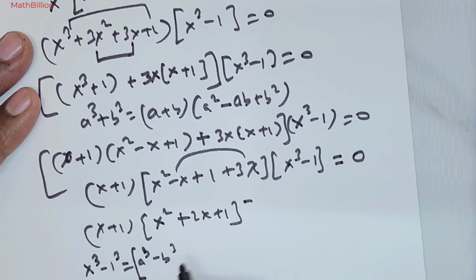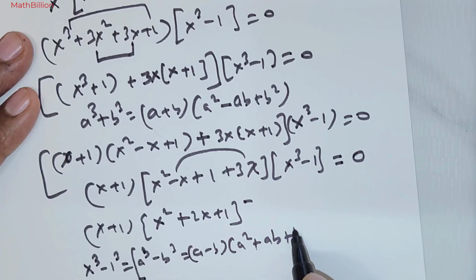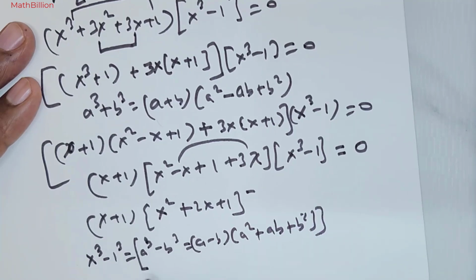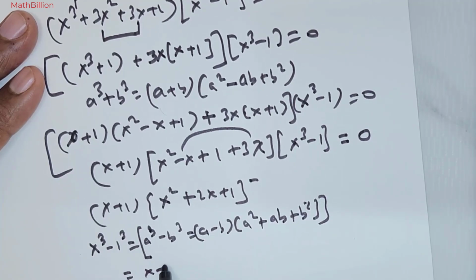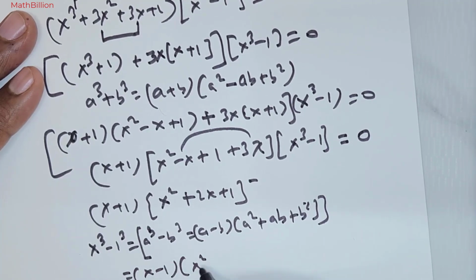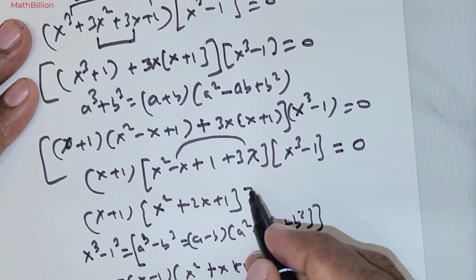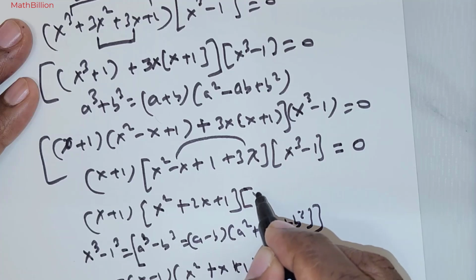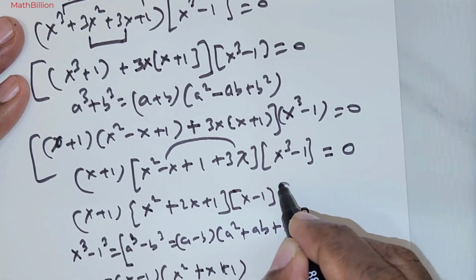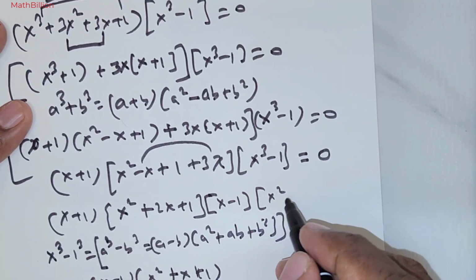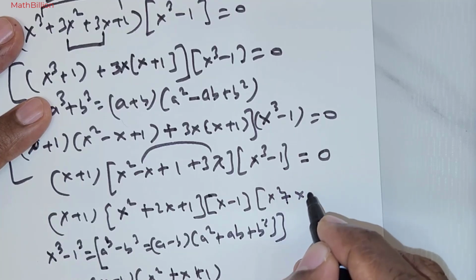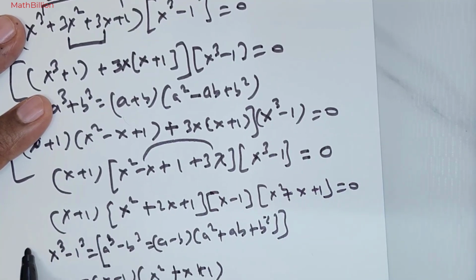So if I were to utilize the a^3 - b^3 formula, it will be (a - b)(a^2 + ab + b^2). So this is going to be (x - 1)(x^2 + x + 1). So we can substitute that there: (x - 1)(x^2 + x + 1) = 0.